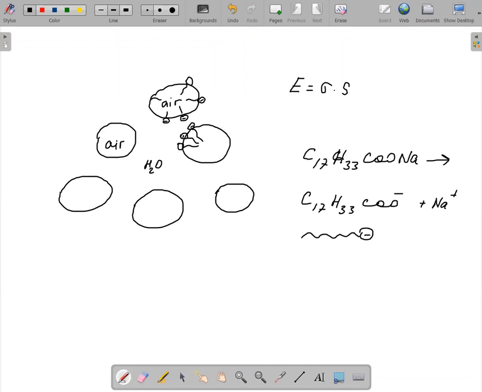First of all, it will decrease the surface tension on the boundary surface. And due to the repulsion between these potential determining ions, the system will be, well, stable more or less.